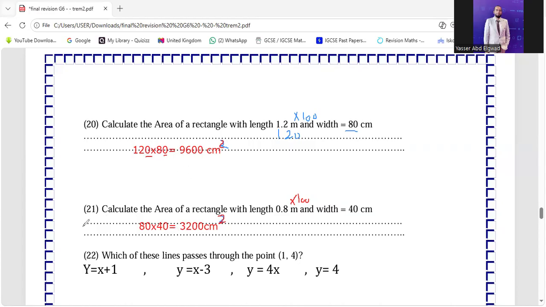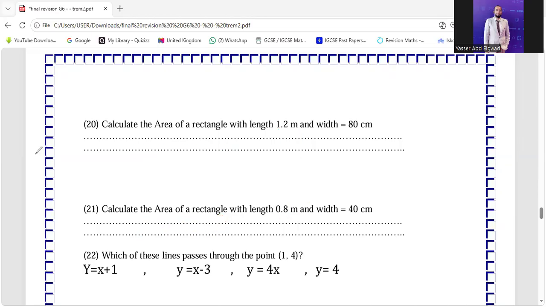The same for 21. Calculate the area of the rectangle with the length 0.8 meter and the width 40. We change the length from meter to centimeter, multiply by 100, get 80. Here is 80 multiplied by 40, put 0, and 8 multiplied by 4, we get 32.